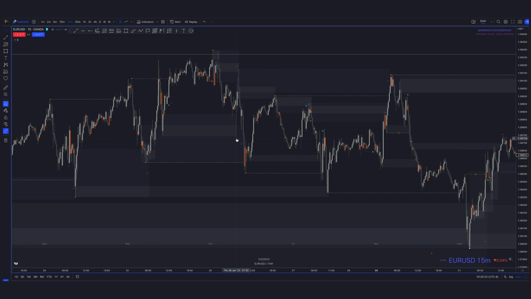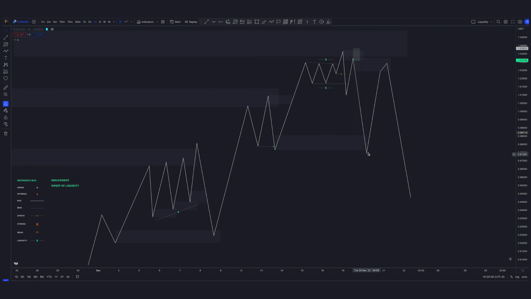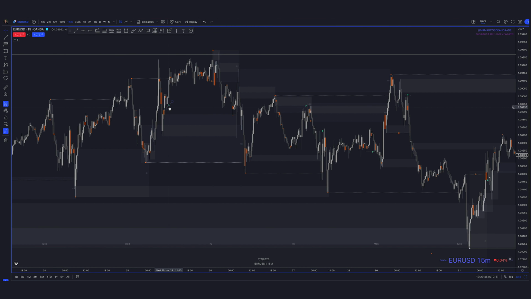But we had already, remember what I just told you guys about the break, right? It already broke. So the job of this inducement was for price to come here to mitigate this demand, because we had inducement here.